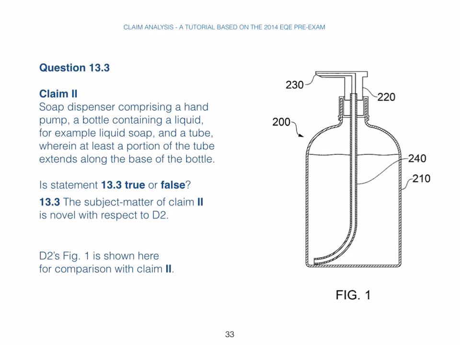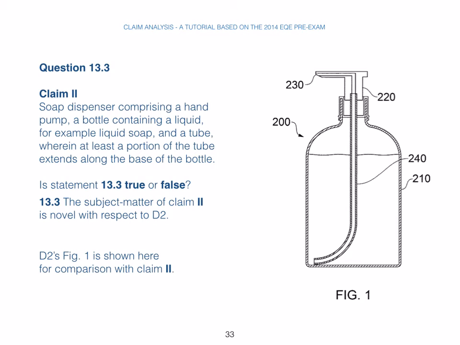13.3. Now we're concerned with the novelty of Claim 2 with respect to the prior art D2, and for this we have to ascertain whether the D2 falls within the scope of the claim. D2 soap dispenser comprises a hand pump 220, a bottle 210 containing liquid soap, figure and description, and a tube 240.